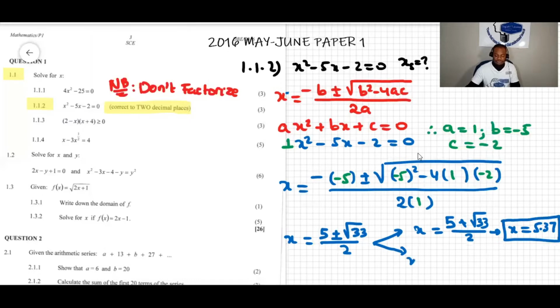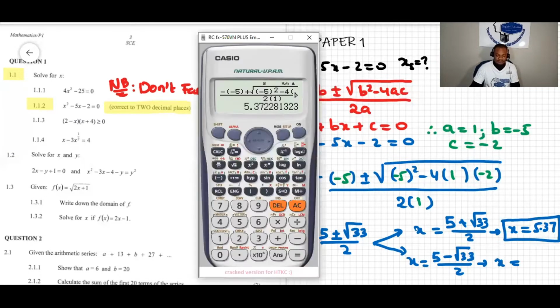Then comes the other solution, the negative. It's 5 minus root 33 over 2. Then I'll get my calculator again. I'm going to change the sign. Over here, it's a minus.